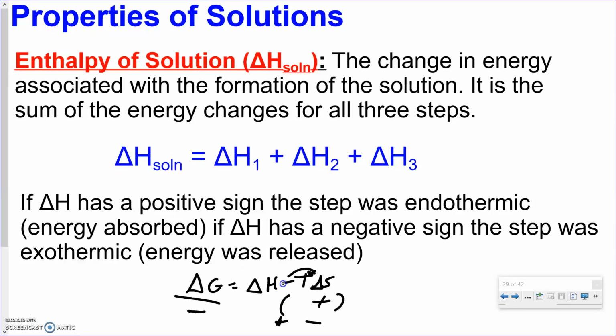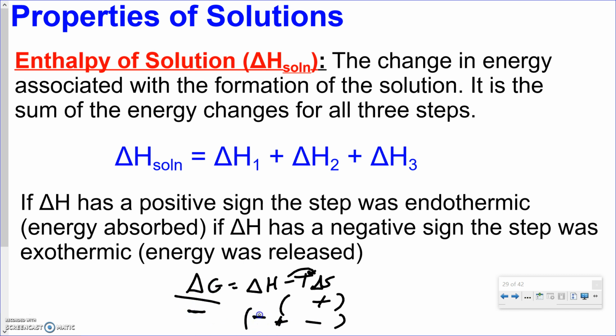So delta H, what we want to see in terms of a solution, for a solution to form spontaneously, and again, I'm using that term as a precursor for the next chapter, but spontaneous just means it's going to occur on its own, which really in terms of solution means that the solute is soluble and will dissolve readily. What we want for delta H is for it to also be negative, so that we have a negative plus a negative is going to give us a negative, and delta G, if it's negative, makes it spontaneous.